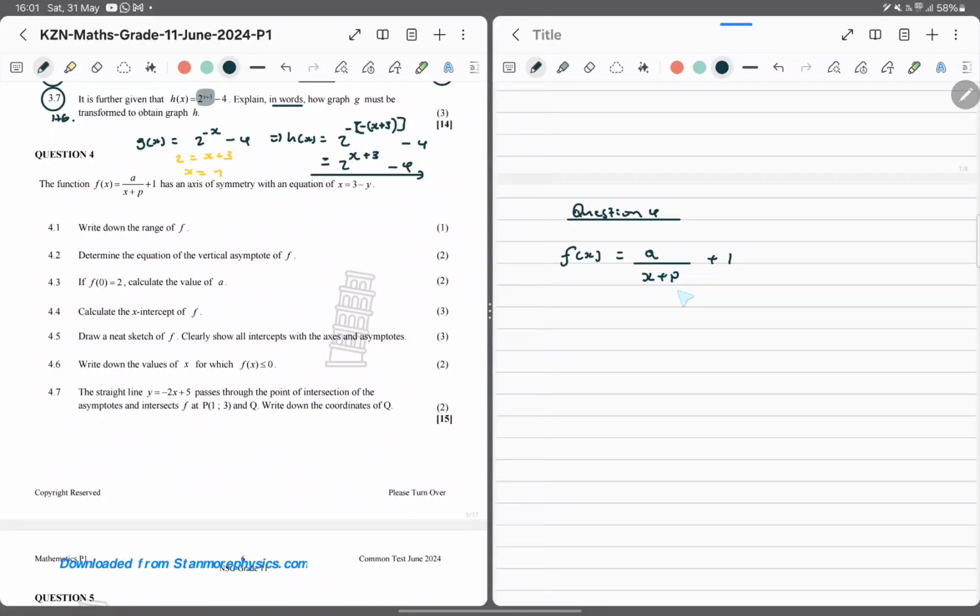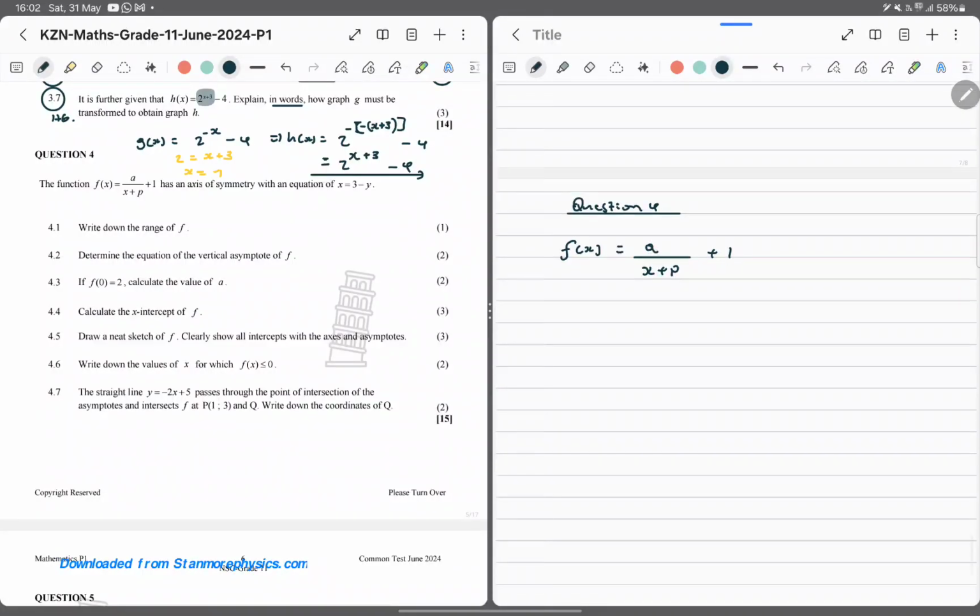We don't know the status of a, we don't know the status of p. But what else are we given? That it has an axis of symmetry with this equation. So literally this is saying y is equal to minus x plus 3. I'm just writing it in a way that I can understand, that this is 1 with the negative gradient.